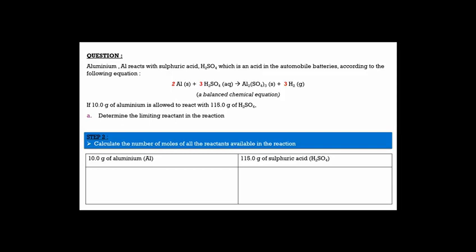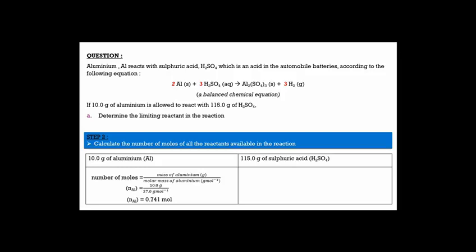There are 10 grams of aluminium. To get the number of moles of aluminium, we need to divide 10 grams of aluminium by 27 grams per mole, which is the molar mass of aluminium. As a result, we will obtain the number of moles of aluminium, which is 0.741 mole.